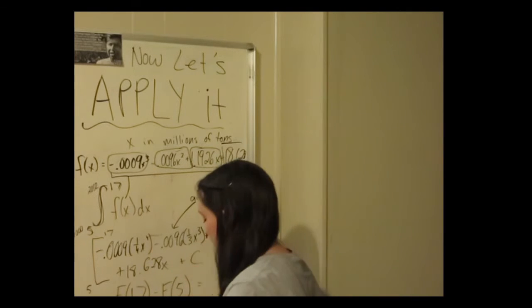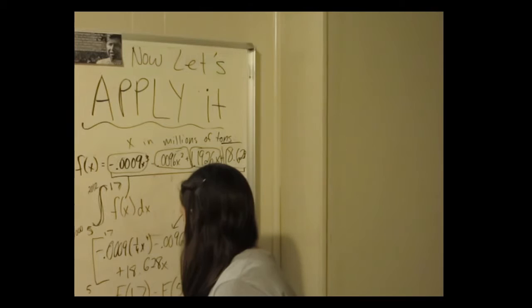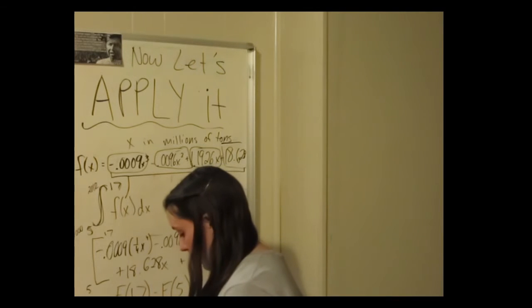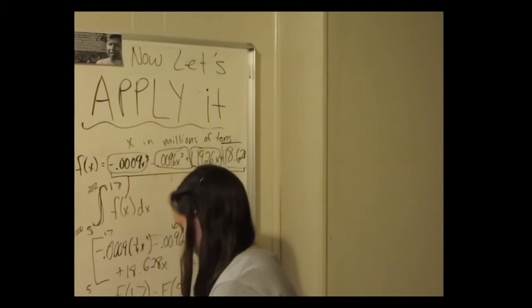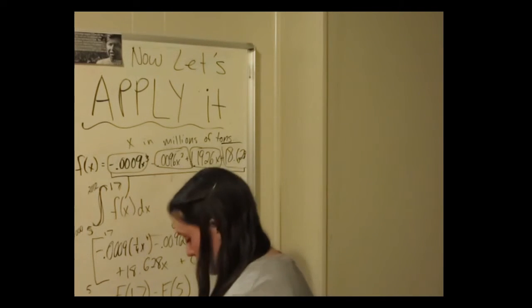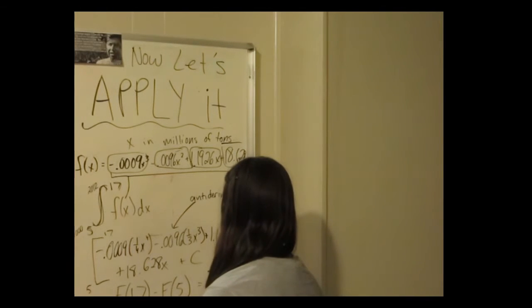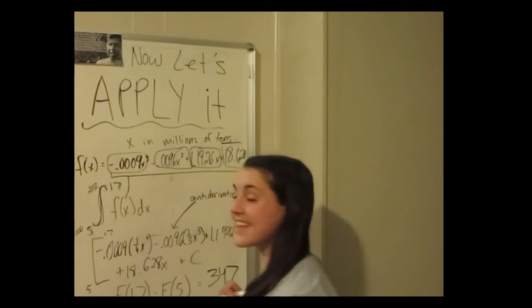And those two come out to be 454.05 minus 107.5, that's 0.5 as well, which equals 347. So what does that number mean?